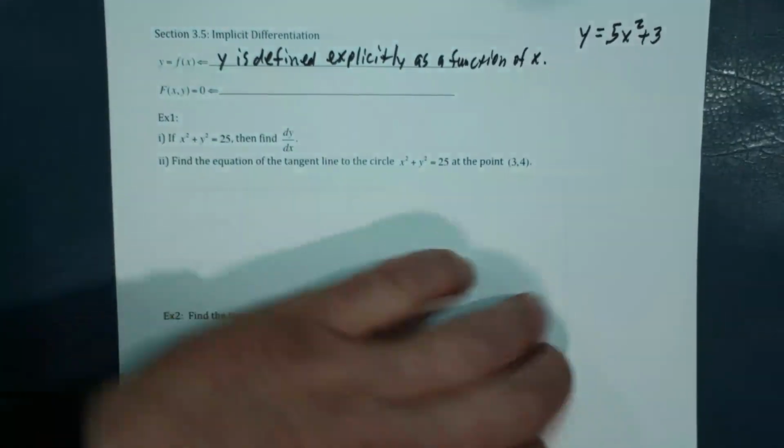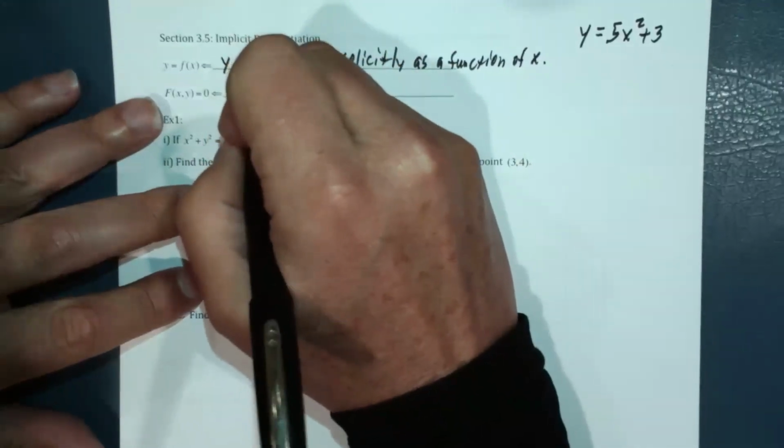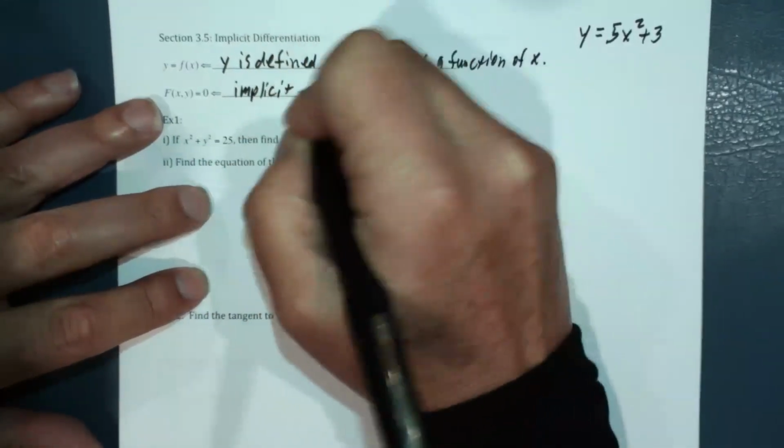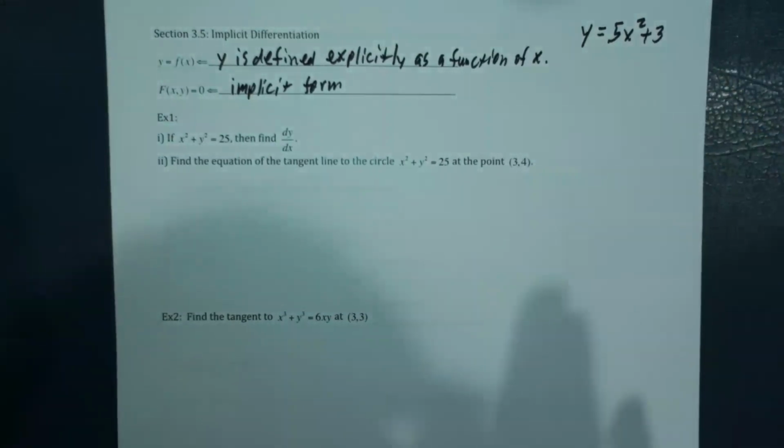This would be explicit versus implicit, which is going to sort of be the opposite. So implicit form would be if we rewrote this function like this.